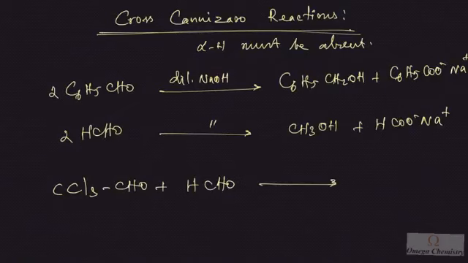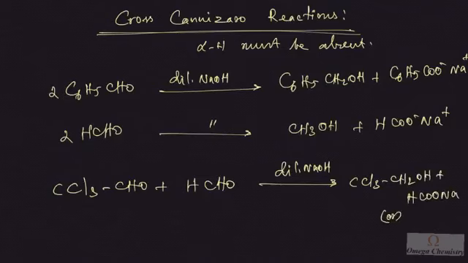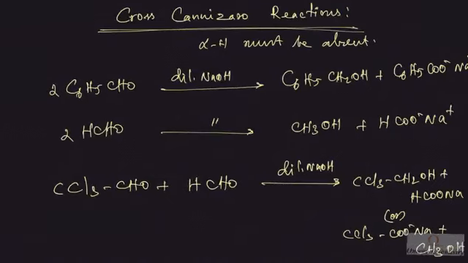When I subject these two to the cross Cannizzaro reaction, there are two possibilities. I may get CCl3CH2OH plus HCOONa, or CCl3COONa plus CH3OH. So there are two possibilities of products.